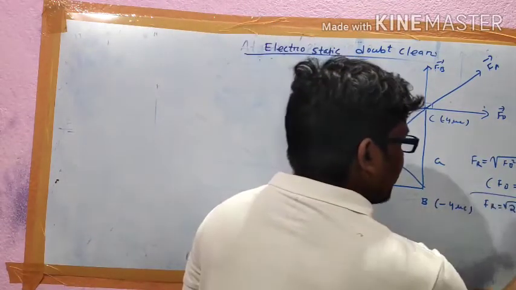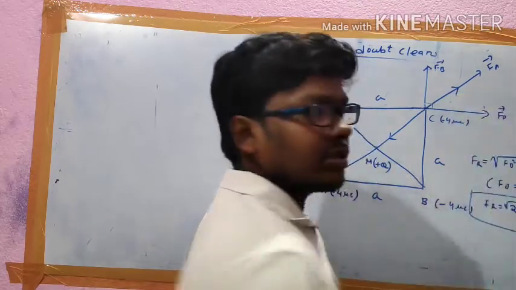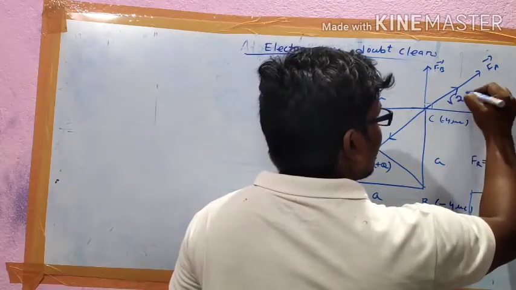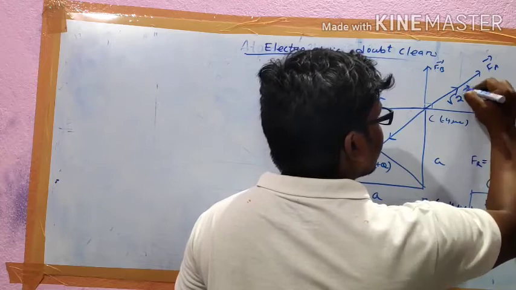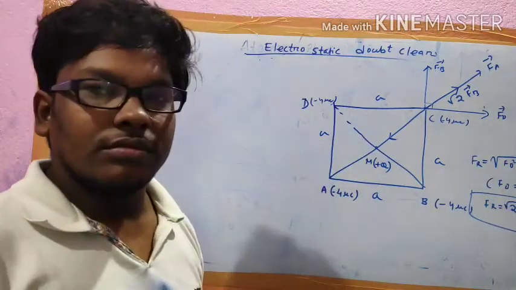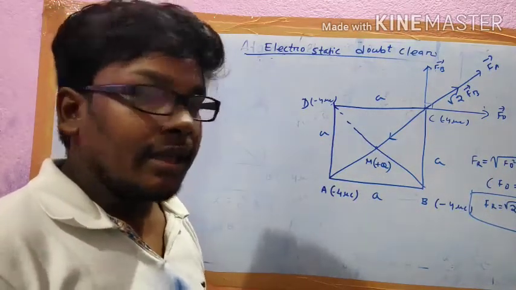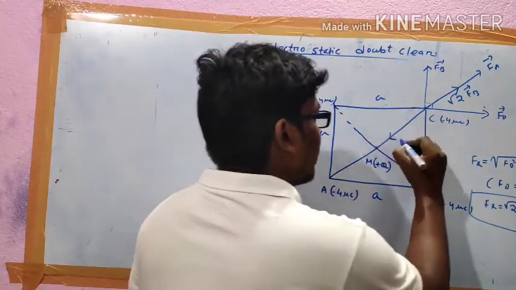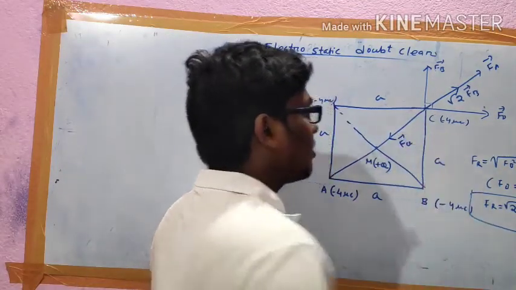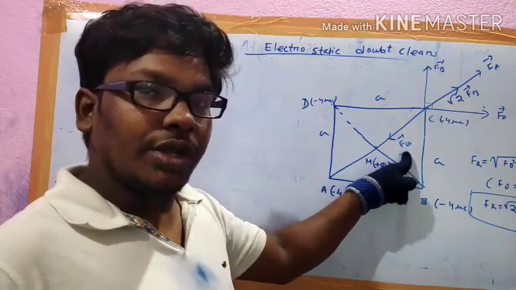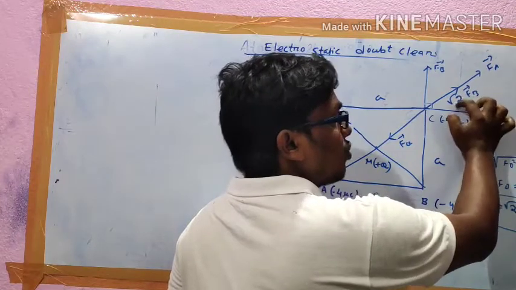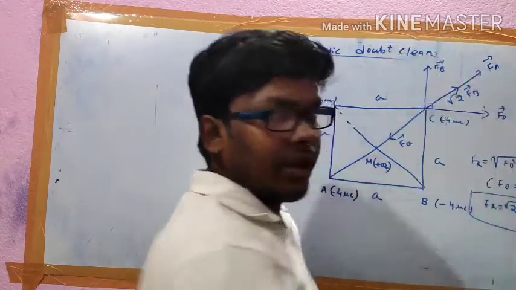So this will act in this direction. To maintain equilibrium over here, this force, name it F of q, magnitude must be equal to the magnitude of root 2 F of B and F of A.